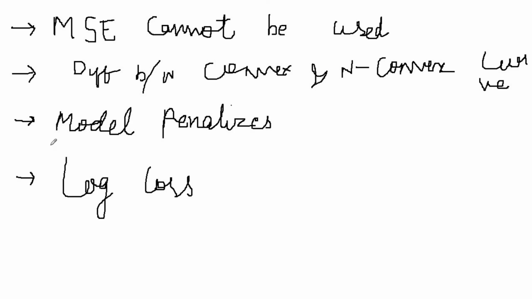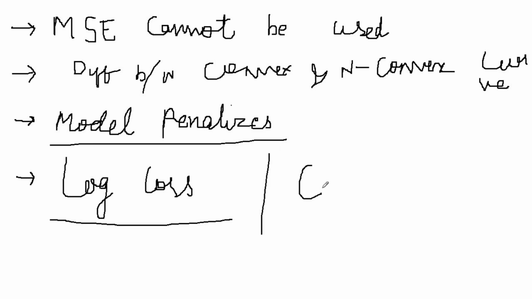Again, how the model penalizes the misclassification or the incorrect data point which has been predicted by our model. And last but not the least, the log loss function or the cross entropy.